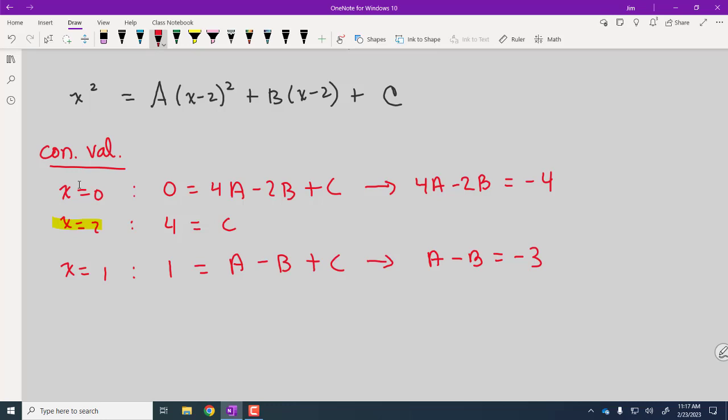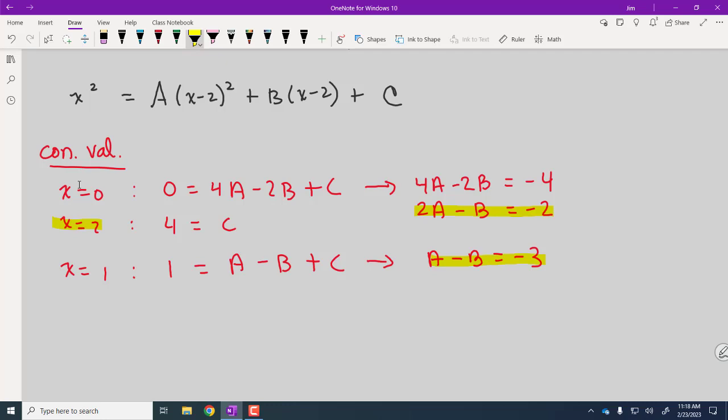You can divide the top equation by 2, just to simplify it a little bit. And then substitute or eliminate. Does not matter. So these are the two equations that we are left with, and we just have to do whatever makes the most sense to us.